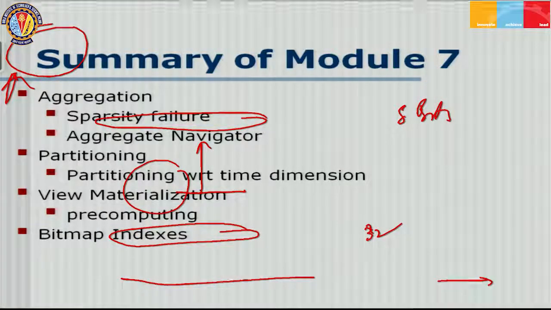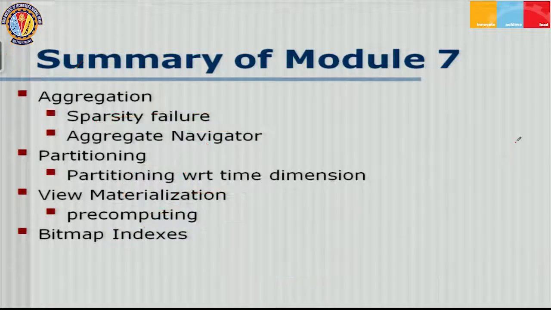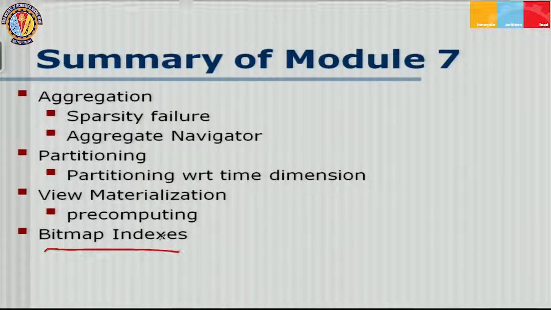So I'll now wind up this particular module. In this module you looked at 4 basic techniques: aggregation, partitioning, view materialization, and bitmap indexes. Bitmap indexes was the last one that we just finished. In aggregation, the main concepts are that of sparsity.